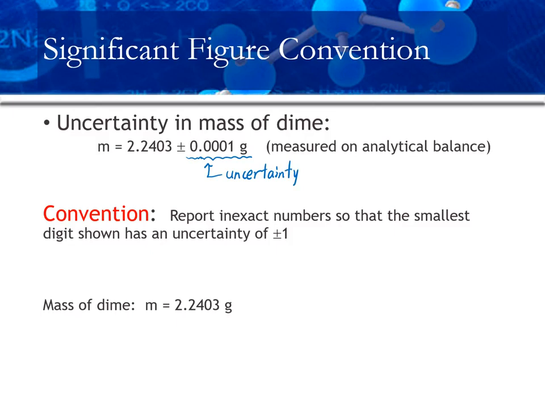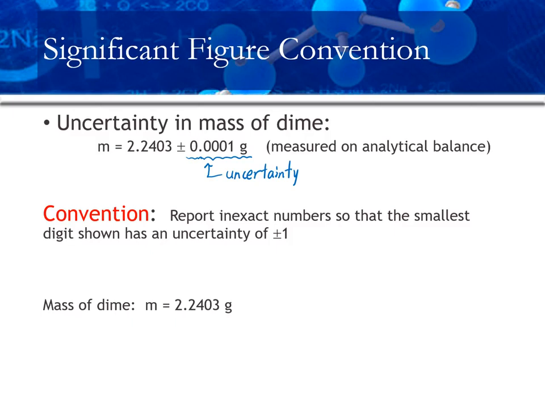Now it becomes very clumsy to always write plus or minus some quantity every time we write down a measured or inexact number. And so we use the following convention, and this is the heart of the significant figure convention. What we're all going to agree to do is to report inexact numbers so that the smallest digit shown has an uncertainty of plus or minus 1 in that digit.